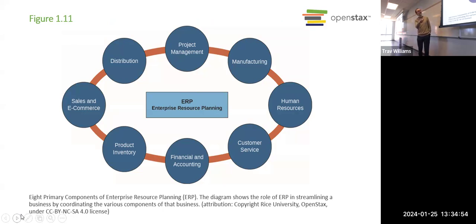There's project management software, manufacturing, HR, customer service, both finance and accounting, inventory, sales, and e-commerce and distribution. All of that in one huge package. All the data stored in one database that hopefully is backed up. I'm sure it's backed up. So that's how ERP systems work.